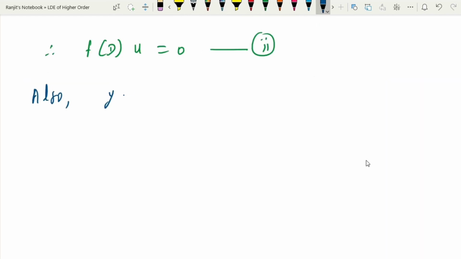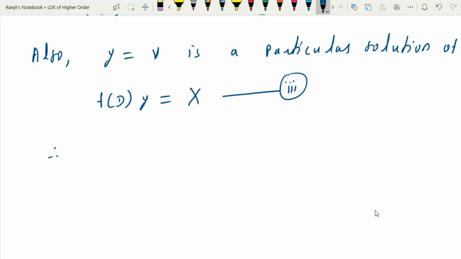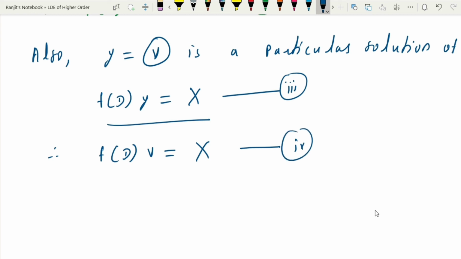Also y equal to v is a particular solution of f(D) y = X, this is a non-homogeneous differential equation, so this v satisfies this equation 3, meaning f(D) v = X, and it is denoted by 4.